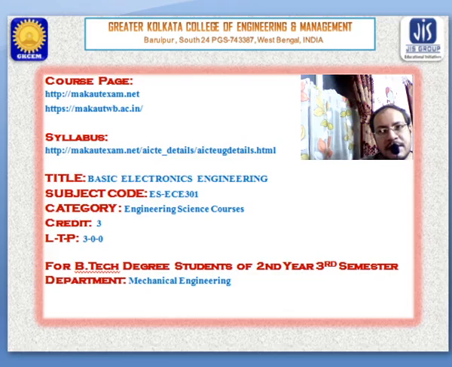Now, the syllabus for this subject is already uploaded on the university website. You can download this syllabus through the link that I have provided here. The title of the course is Basic Electronics Engineering and the subject code is ESECE 301. It is under the category of Engineering Science course.